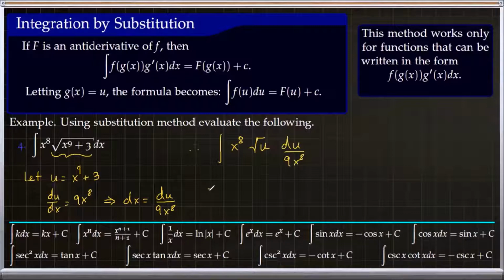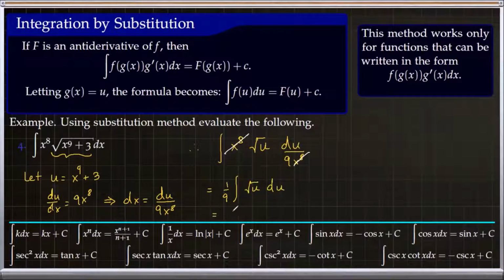Looks like we can cancel out a few things here. So x^8 and x^8, that goes away. So we are left with 1/9. I'm going to bring that outside the integral. Square root of u du.